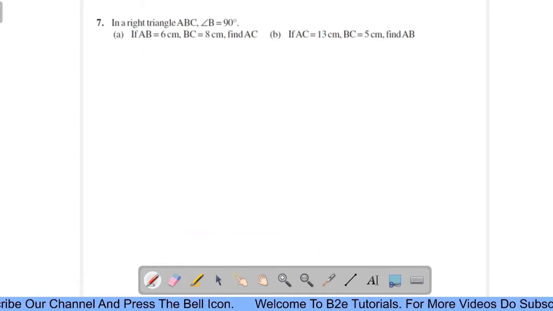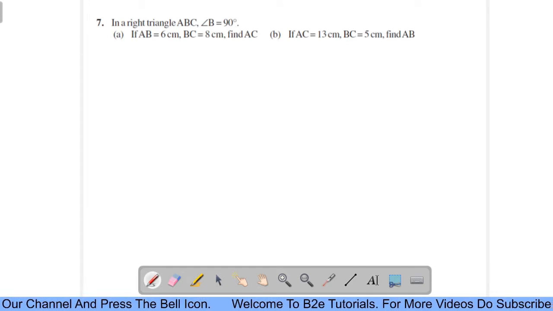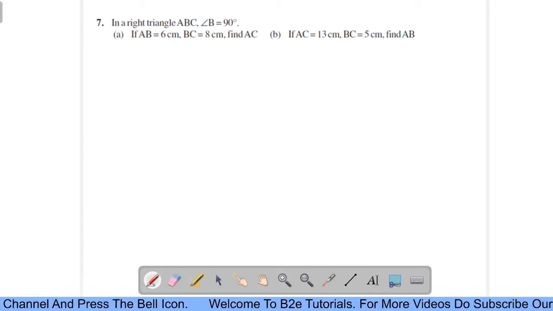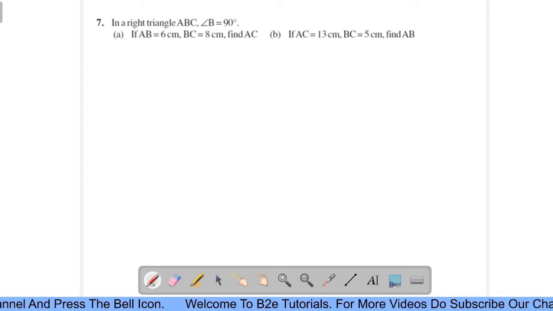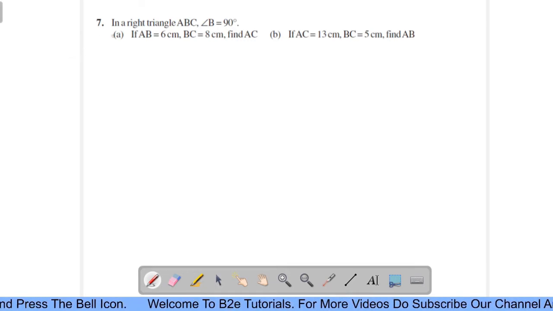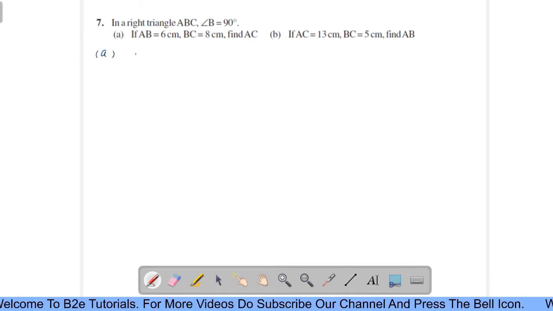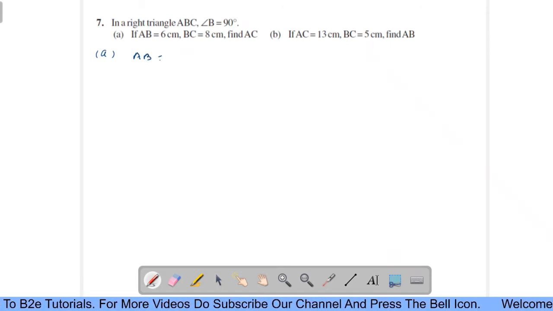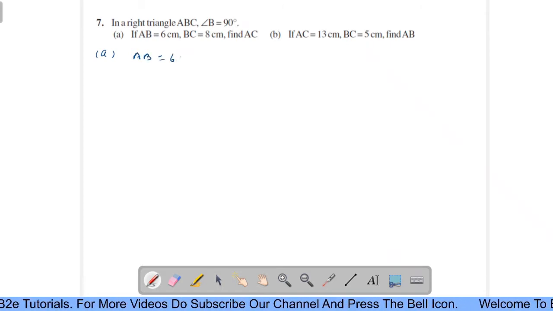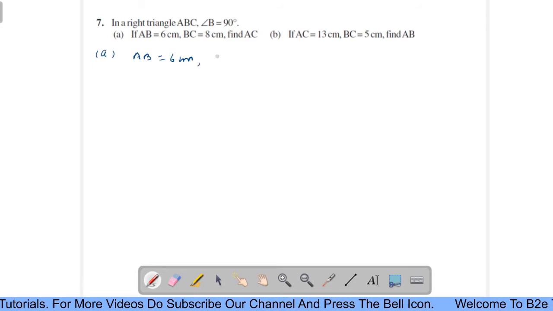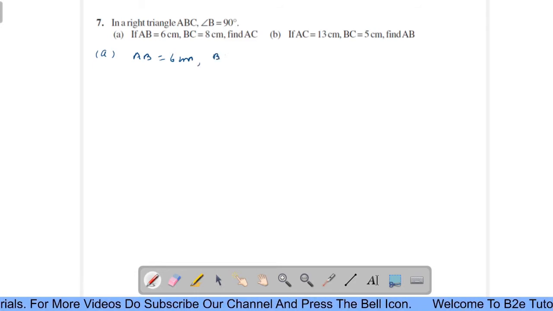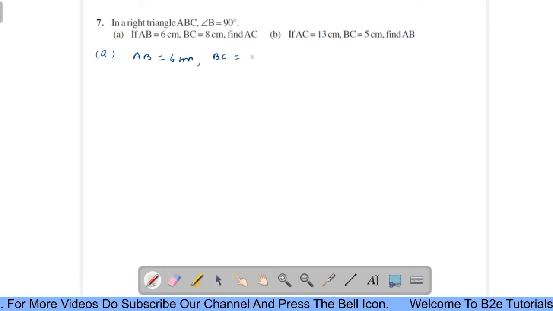Question number 7. In a right triangle ABC, angle B is 90 degree. See A part. Here AB is 6 centimeter, BC equals 8 centimeter.